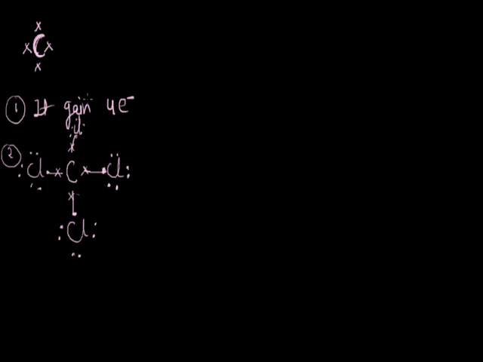After sharing, carbon and each Cl have 8 electrons in the last orbit. We can also represent it this way. This one is carbon having 4 electrons in the last orbit, 4 crosses. Now Cl, these dots for the Cl having 7 electrons.